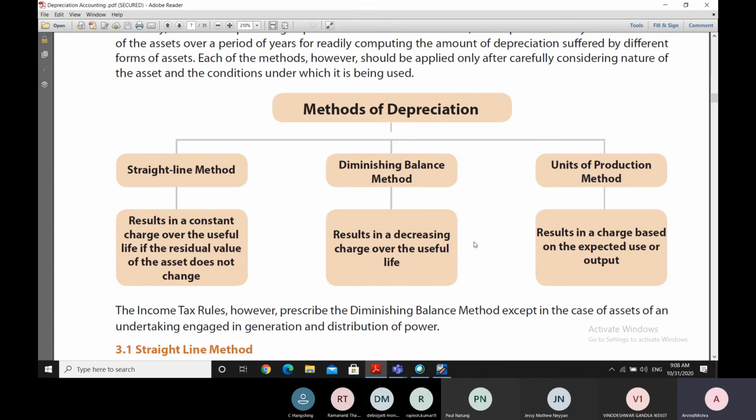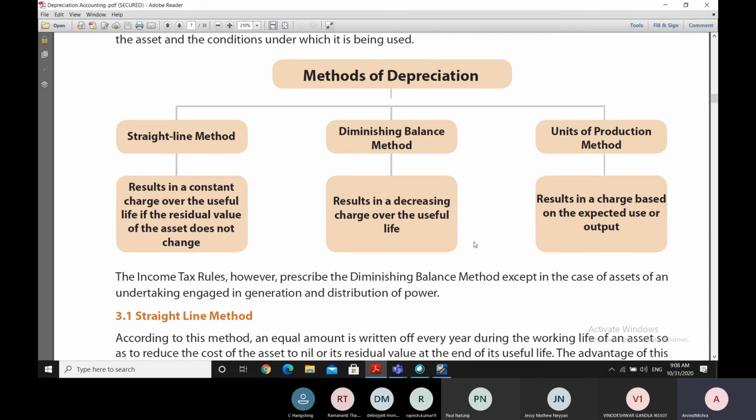Every year, the charge of depreciation goes on becoming lesser and lesser, based on the written down value of the asset. And the third method is the units of production method, which results in a charge based on the expected use or the expected output of the business.